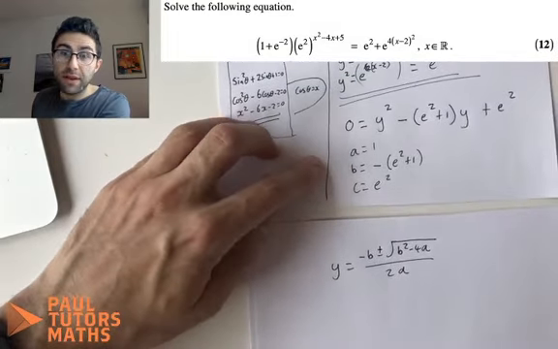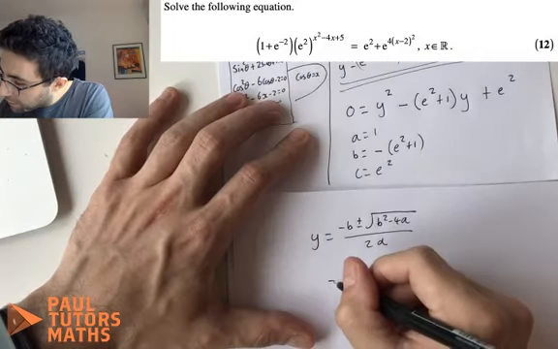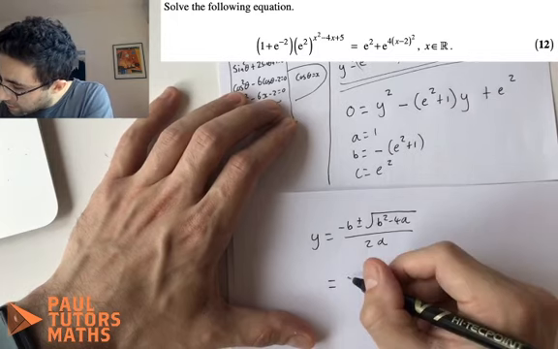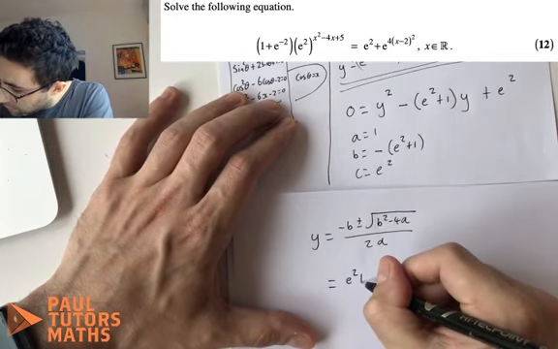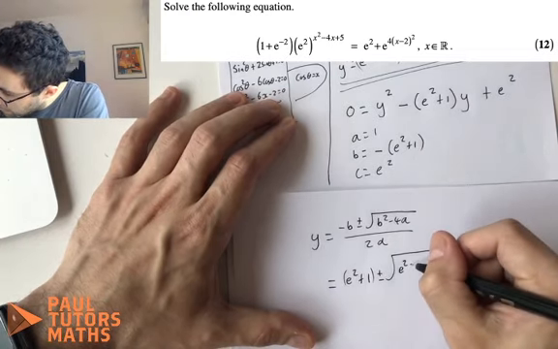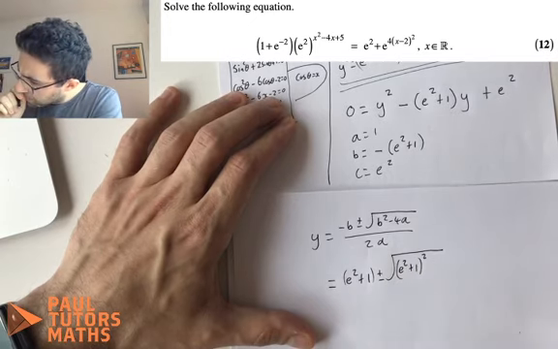They're all just numbers. e squared plus 1 is a number if you put it in your calculator. But anyway, I'm just going to do it here. What happens? Negative b, so b is that, so it should actually be e squared plus 1 plus or minus the square root of b squared. Well, that would be e squared plus 1 all squared.